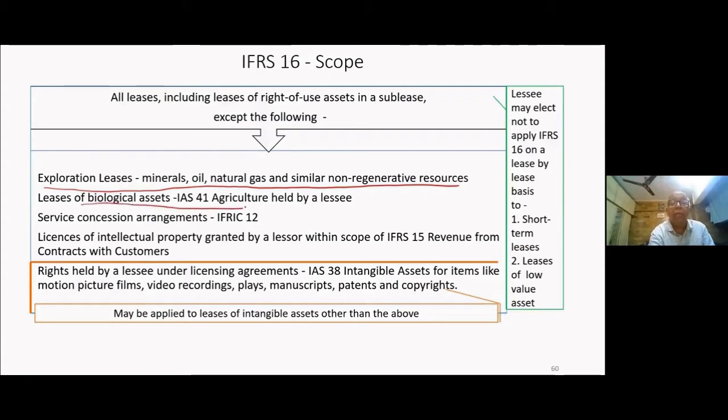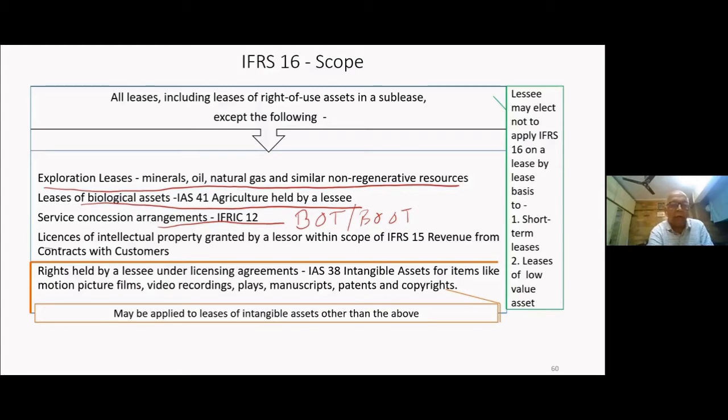Biological assets, agriculture, IAS 41, kept aside. Service concession arrangement, IFRIC 12, kept aside. If you recollect, this is called BOT, build, own, operate, transfer, or build, operate, transfer, etc.